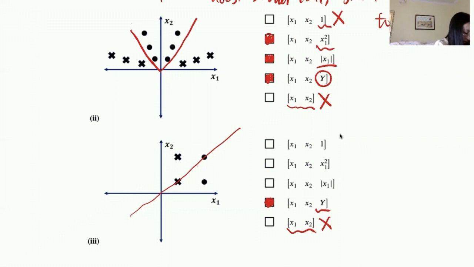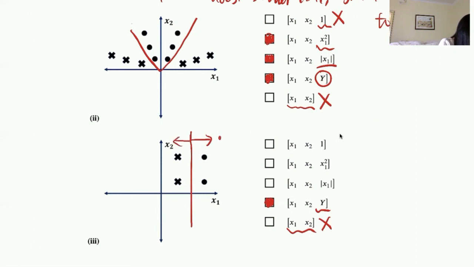This time, to separate these points of two labels, we only need to know the value of x1 if the decision boundary doesn't need to pass the origin. When x1 is greater than this threshold, which means they are to the right of the decision boundary, then they are dots.